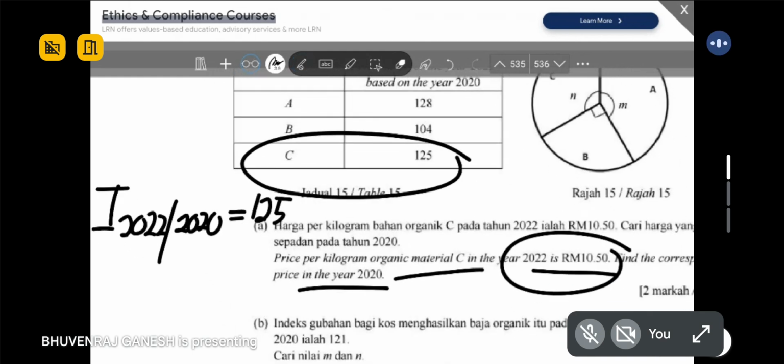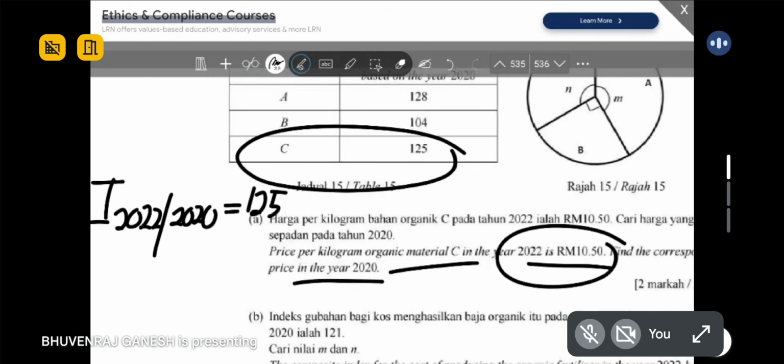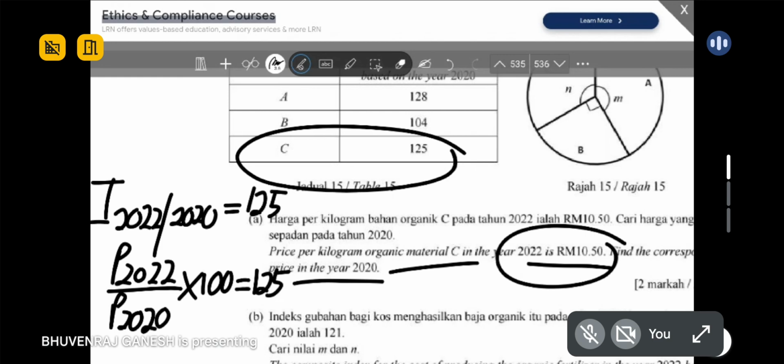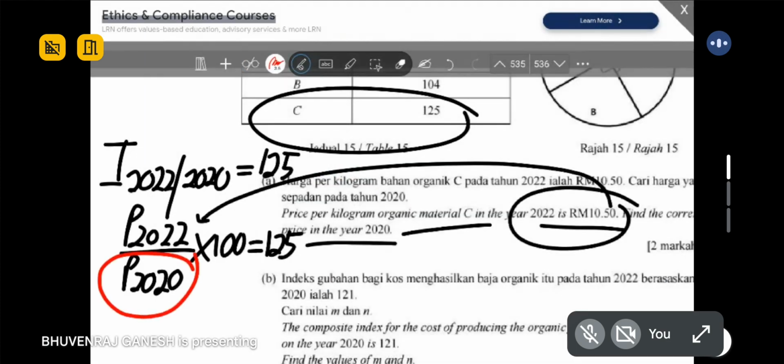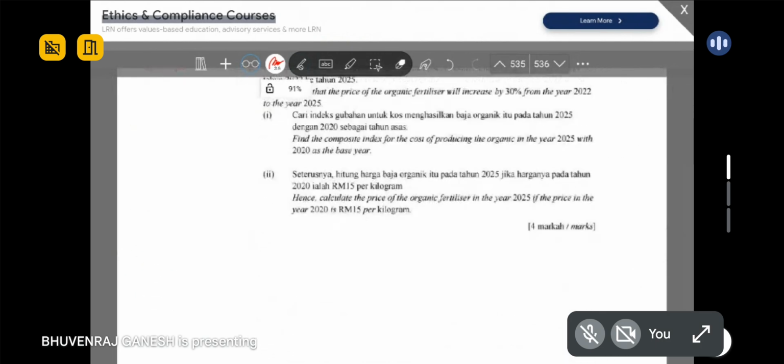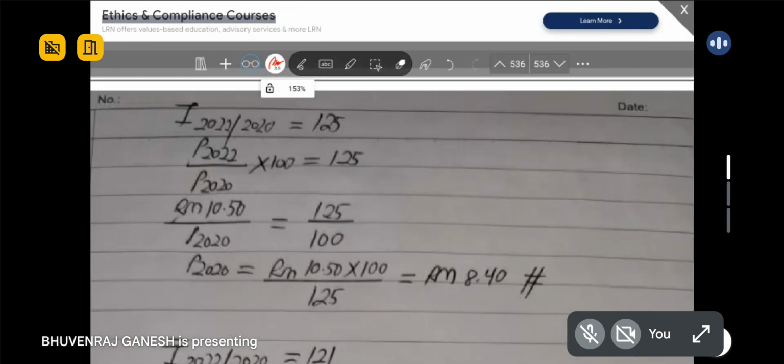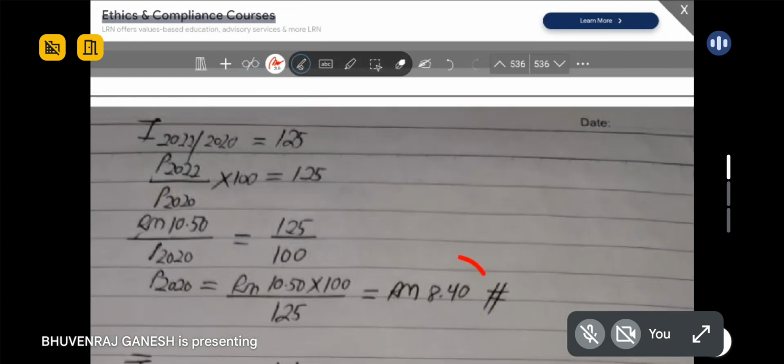Okay, so the formula is P 2022 over P 2020 times 100 equal to 125. So you just substitute P 2022 is 1050 and you just find the answer for P 2020. Done for question A. Okay, so question A, this is your working. You will get the answer 840.